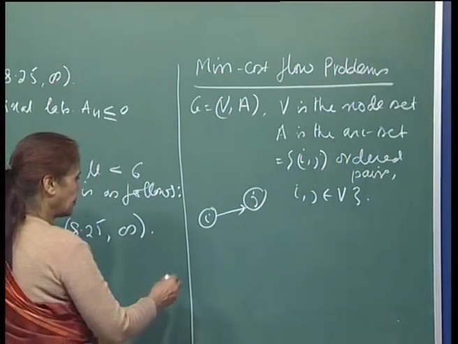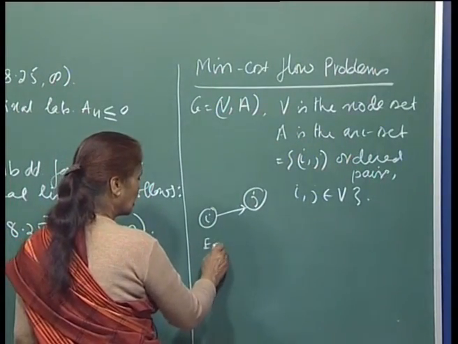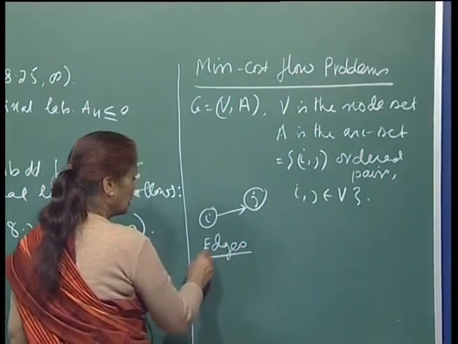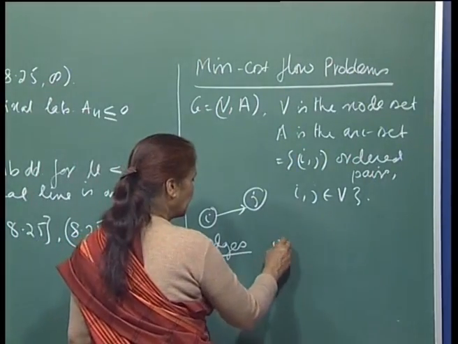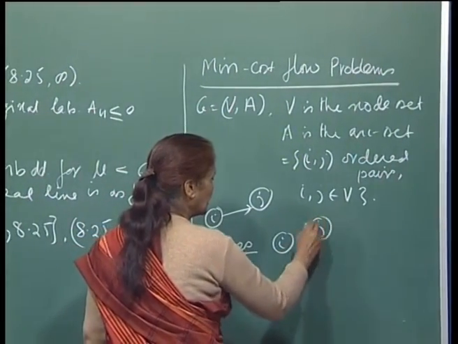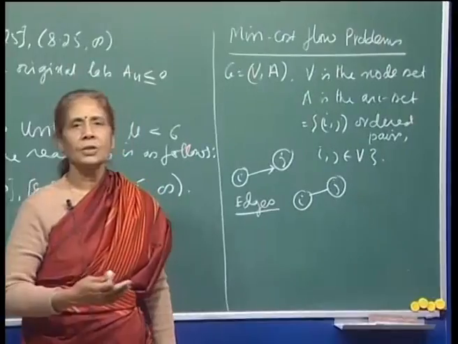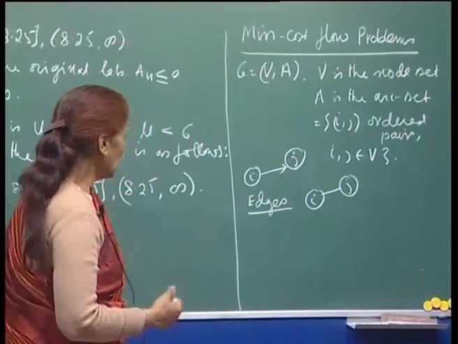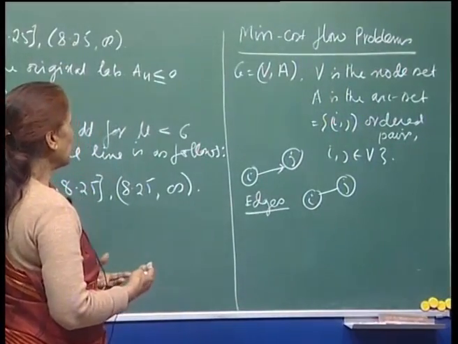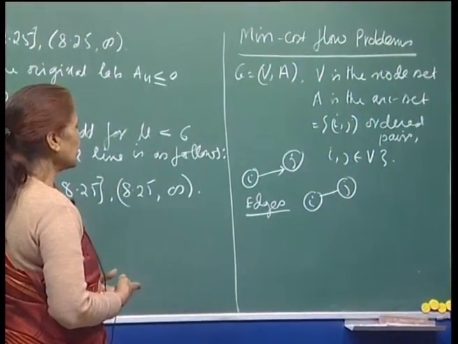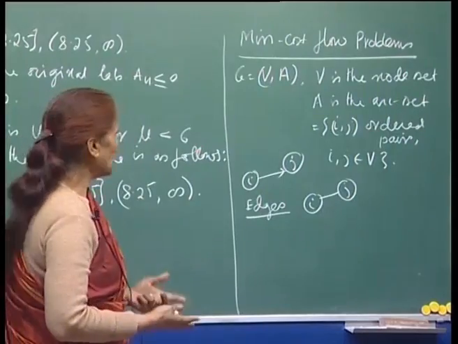So, we also have the concept of undirected edges which are called edges. So, edges where simply I and j, that means you can go from I to j or j to I, no direction is specified. Okay. And you can have a situation where some edges are directed and some edges are not directed. So, it will be called a mixed graph.